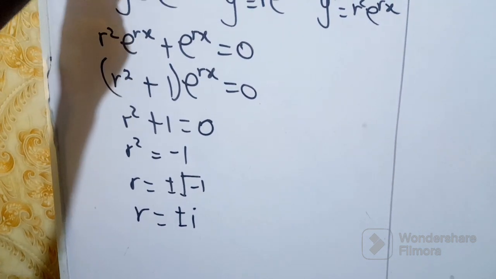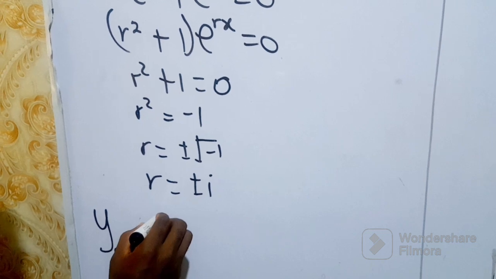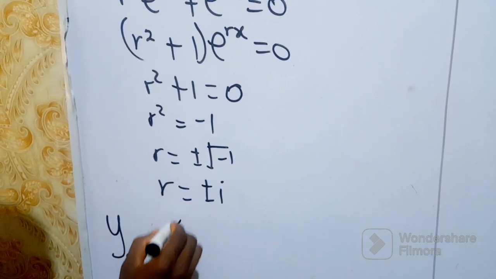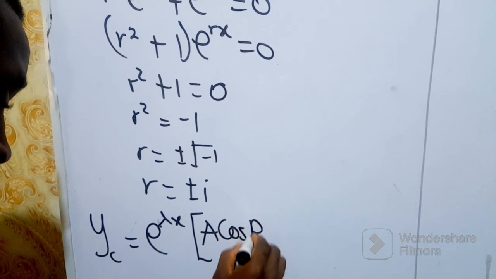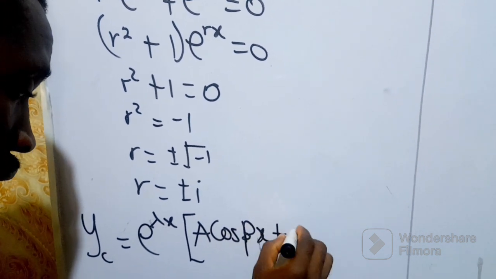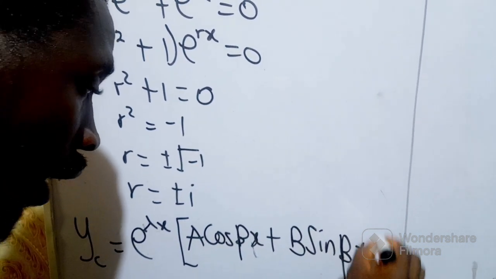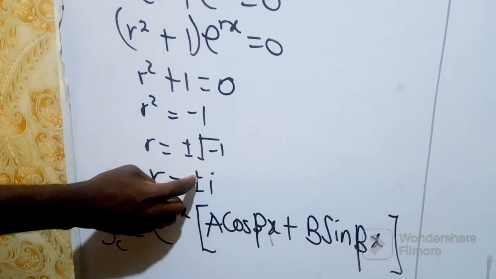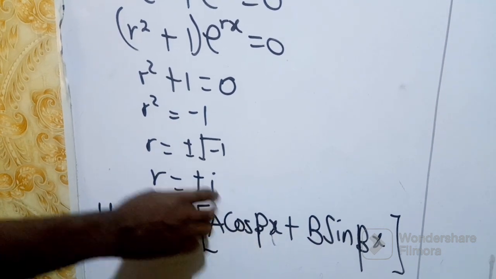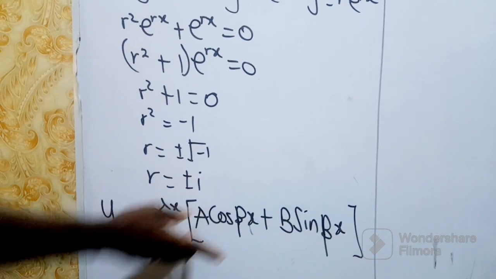Then the general form for the homogeneous aspect of the differential equation, y_c, will be equal to e to the lambda x, bracket a cos beta x, then plus b sine beta x, where our lambda here is the real part of the complex root, and the real part here is 0, and beta is the coefficient of the imaginary part of the complex root.